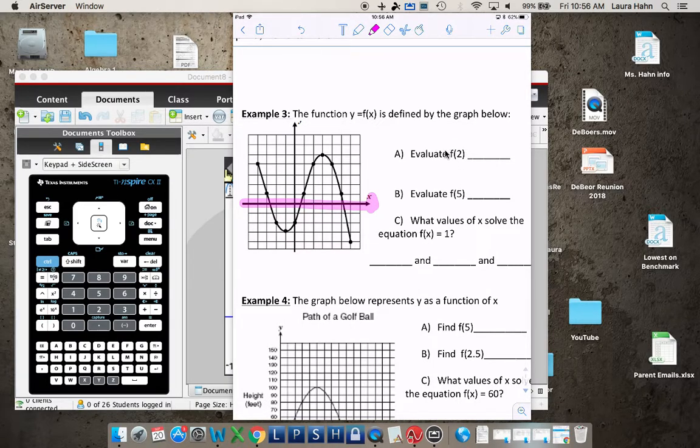Remember, this whole thing means what is y when x is 2. So that's an x value. We're going to go to where x is 2. So here's 0, 1, 2. X is 2 right here. Then we're going to trace until we get to our graph. So x is 2 right here, but our graph is up here. So that's 1, 2, 3, 4. So when the x value is 2, our graph is at a height of 4. That's the y value.